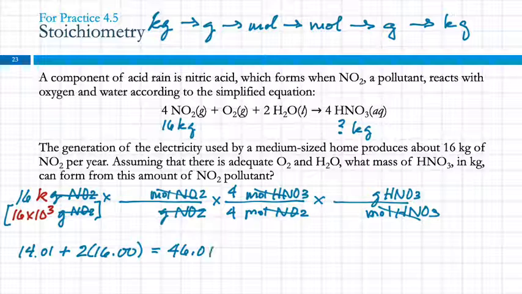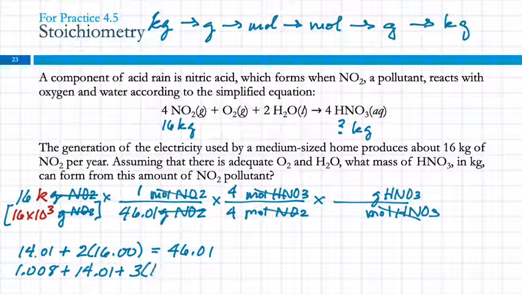So 1 mole of NO2 is 46.01 grams. And then the molar mass of nitric acid, I don't remember that one. 63.018.